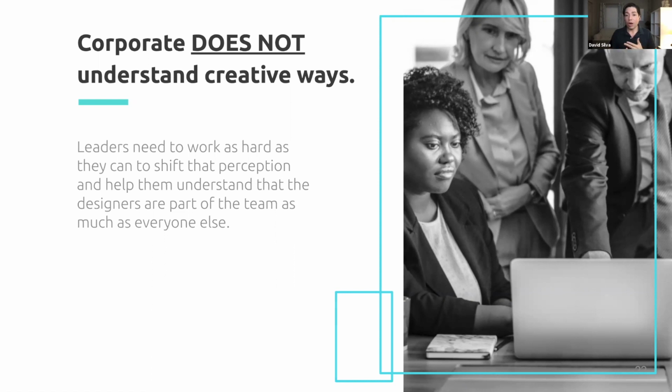They can be called harsh because sometimes we just have no filters. And because of the hours, they can be called undisciplined because they can just not follow a schedule. And the leaders have to work very hard to shift that perception, that the designers are part of the team, just as everyone else.